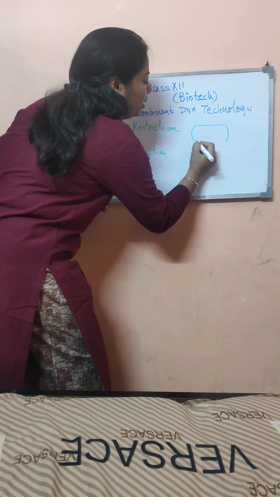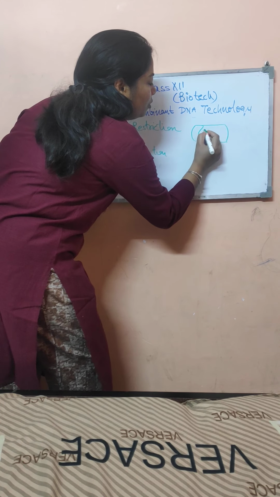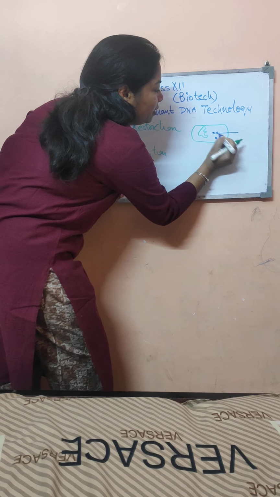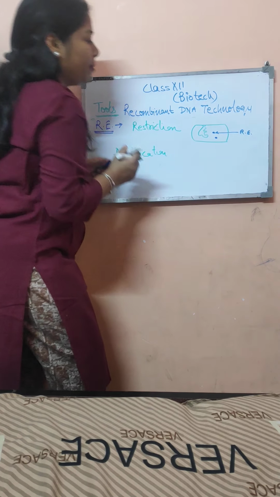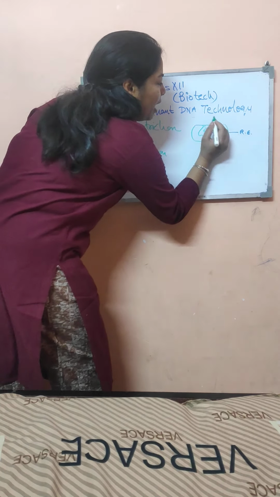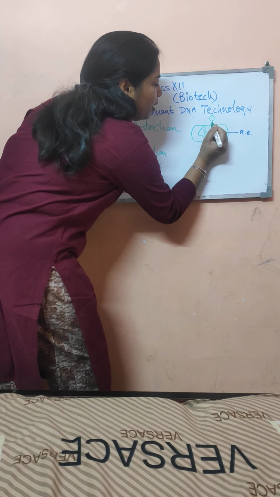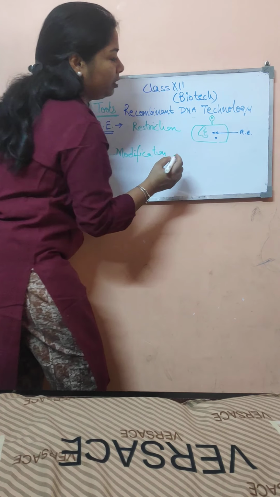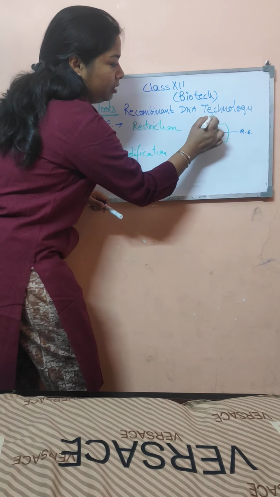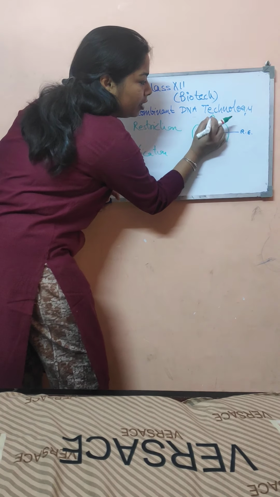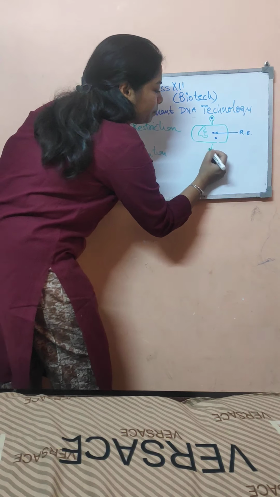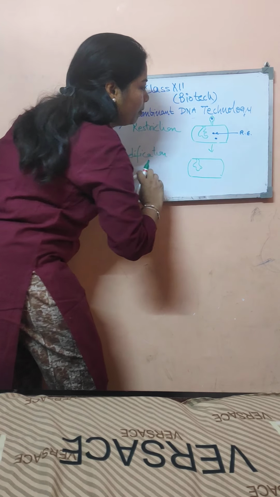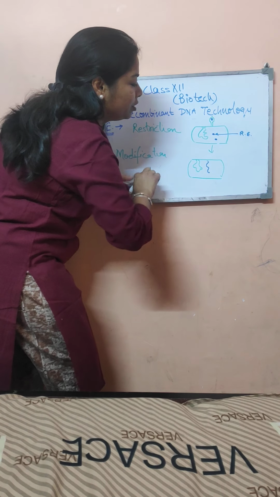Say this is a bacterium which has its own genomic DNA, and these are the restriction endonucleases present in this bacterium. Whenever any foreign agent attacks this bacterium, what is the mode of action? The bacteriophage inserts its genome into the bacterium. This is the genome of the virus.